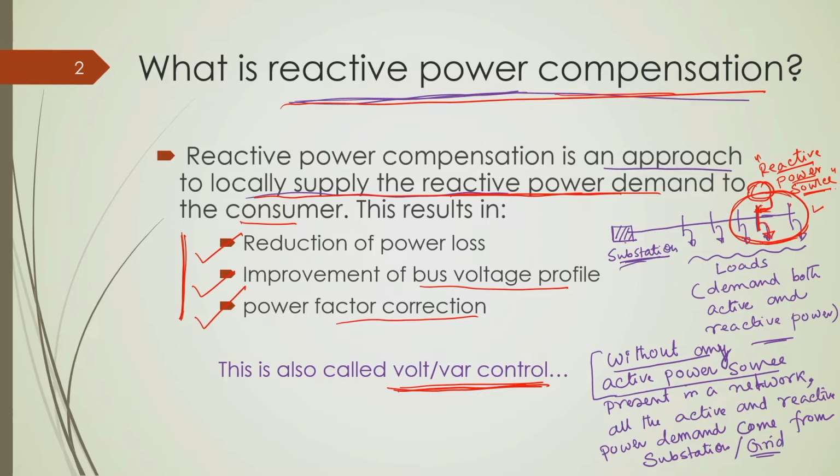Okay. And this capacitor will supply reactive power to that particular load depending upon its capacity. If the capacitor capacity is higher than the reactive power demand where it is located, then apart from meeting the reactive power demand of that particular load, it will also provide reactive power to the neighboring loads, as I have mentioned.